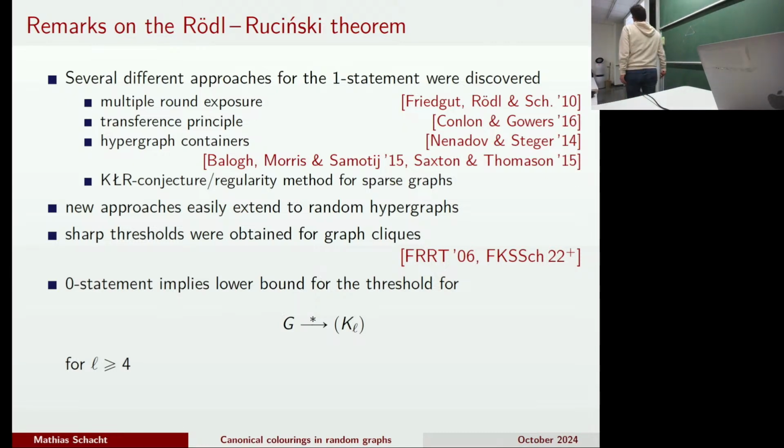But certainly for cliques larger than this, which have at least 4 vertices, there are no canonical copies with 2 colors, except monochromatic. So the zero statement from the Rödl-Ruciński theorem automatically gives me a lower bound here. That means the threshold is at least the 2-density.